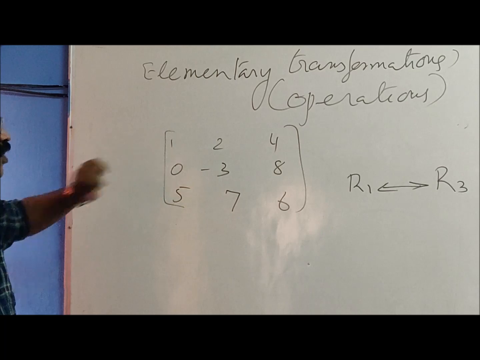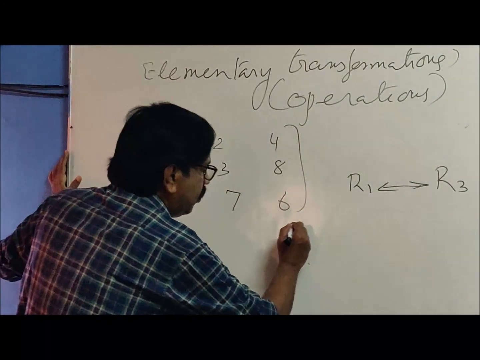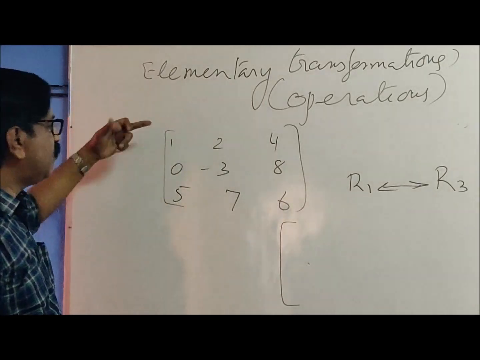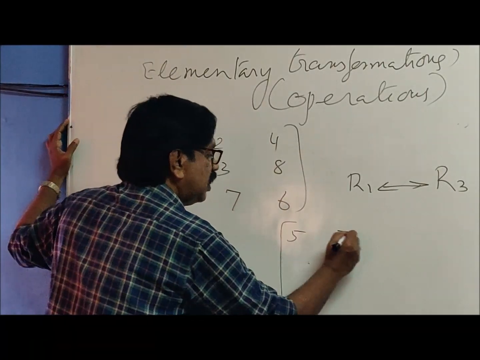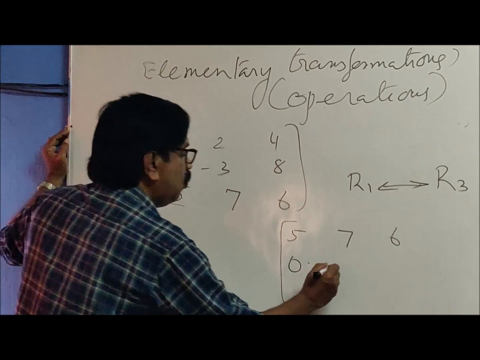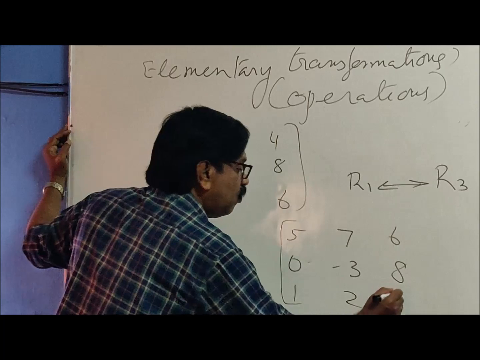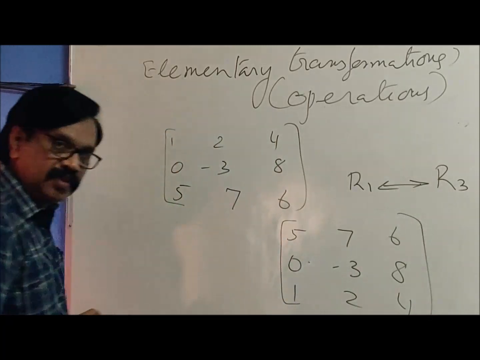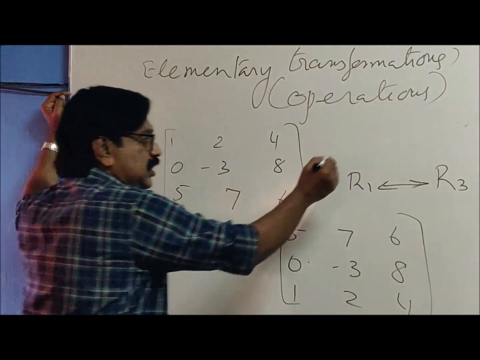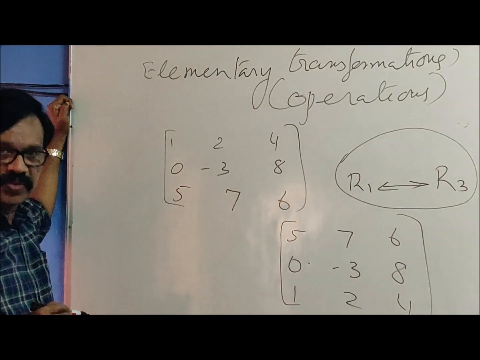The third row comes first: 5, 7, 6. No change in the second: 0, minus 3, 8. Then 1, 2, 4. This is the first operation, interchange of any two rows.